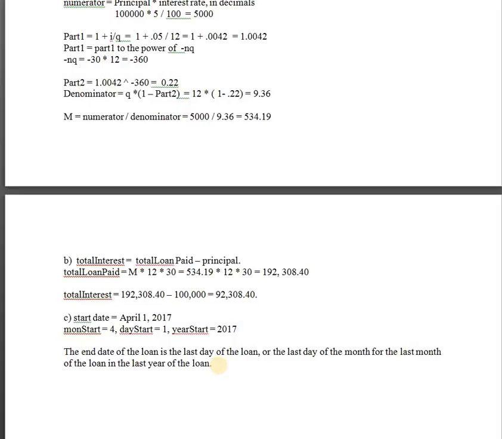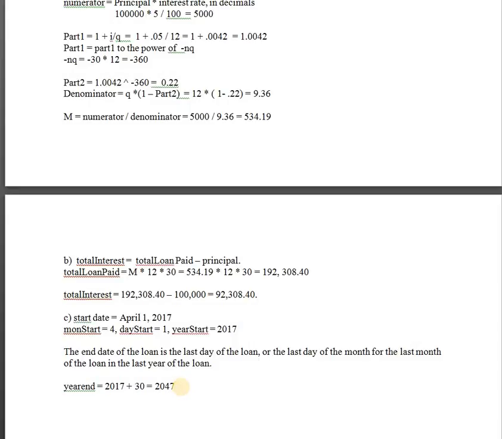So the year ending is going to be 2017 plus 30, which is 2047.